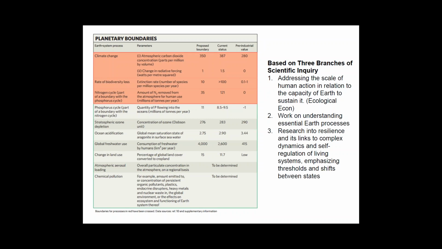But as you can see now, we're up at 387, and this report was from 2009, so we're probably even past that. I have some updated data for you after this slide. The pre-industrial value, before the Industrial Revolution, was a concentration of 280 parts per million, so you can see a significant increase there. We're beyond what they consider to be the proposed boundary, at which point climate change will inevitably occur.